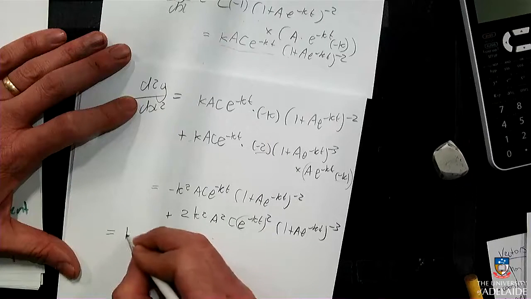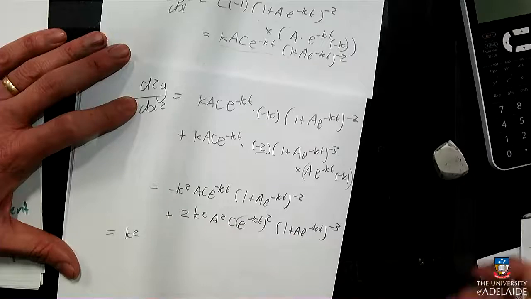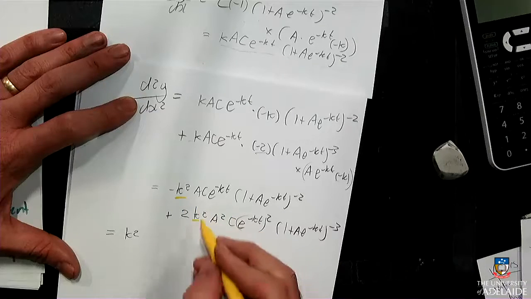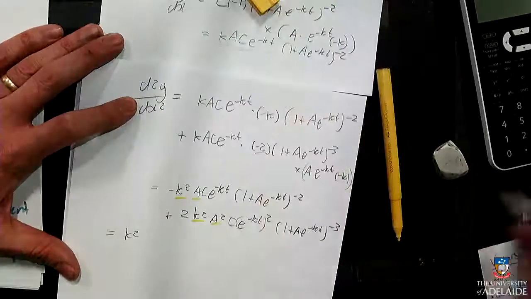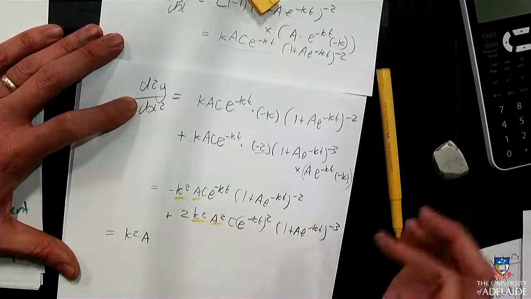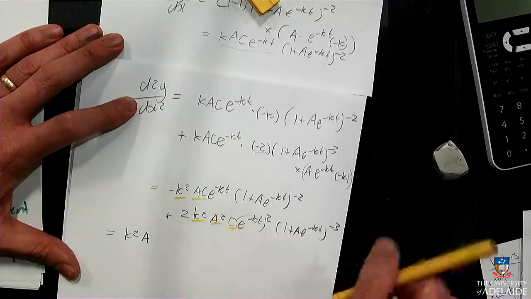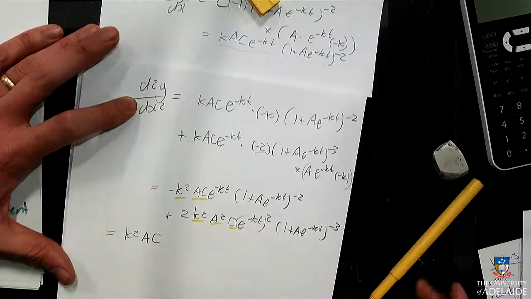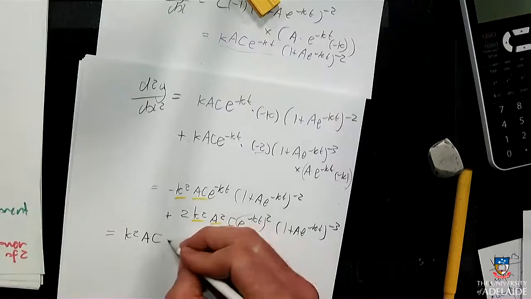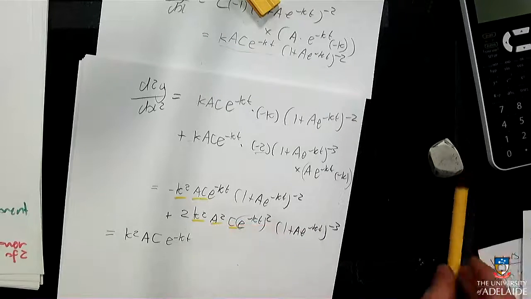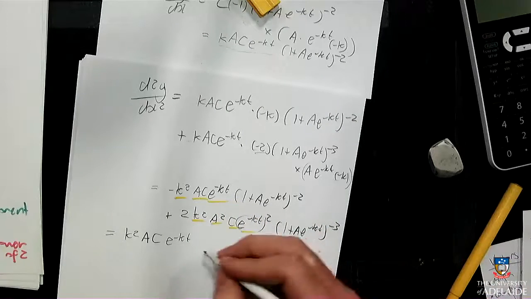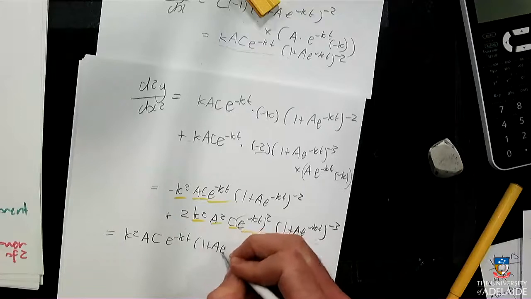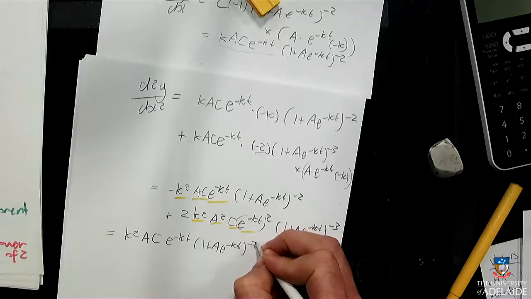We've got a k squared in both of them. We've got an a in both. We've got a c in both. We've got an e to the minus kt in both. We've got a (1 plus a e to the minus kt) to the minus 2 in both.